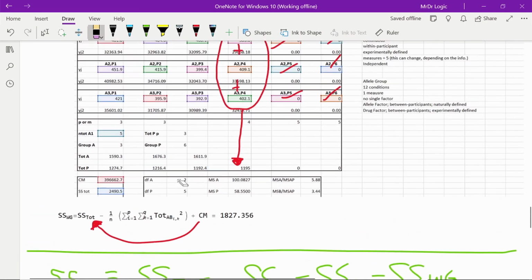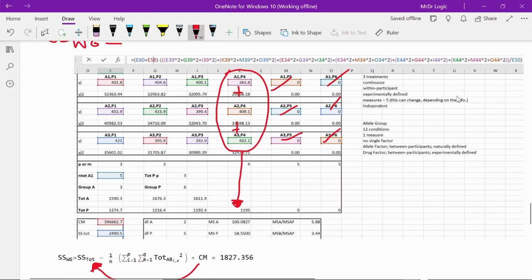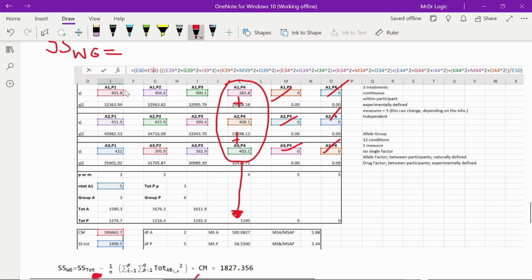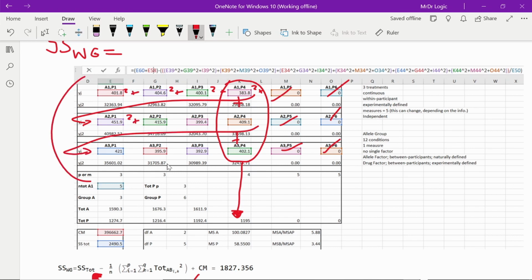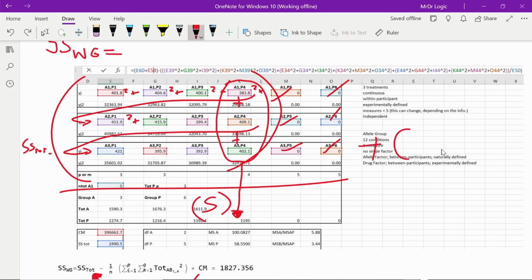It is really painful, and I'm being a little sluggish here with the thing, but you can see squared plus squared plus squared plus squared plus, then you go back right here, squared plus, and then you go back right here, doing all the same thing, and you would take all of this divided by n, which just so happens to be 5, and then, I mean, technically according to this you would subtract SST total over here, just a little subtraction sign, and then add CM, but personally I don't like that.